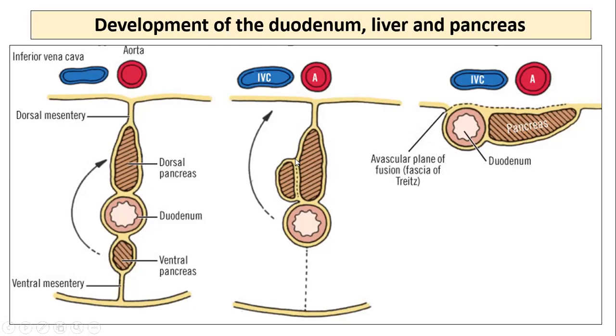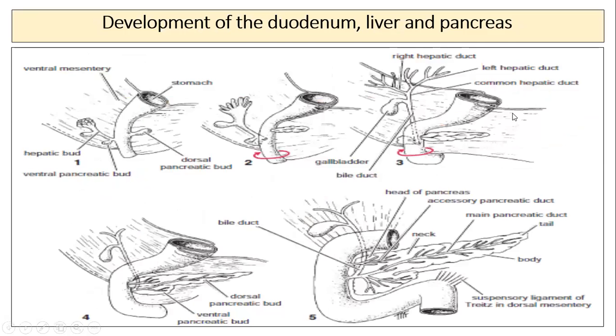With the rotation of the gut, the ventral pancreas joins the dorsal pancreas, and both the duodenum and the pancreas become retroperitoneal. Both the ventral and dorsal mesentery disappear, so now there is no mesentery for them.